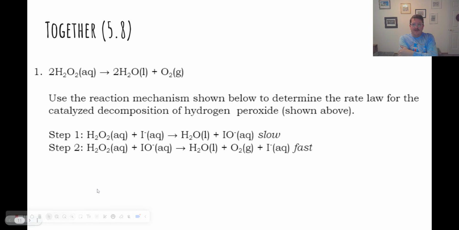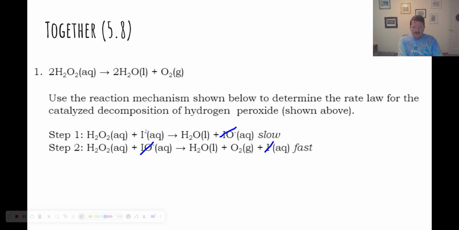So this one, we have another decomposition of hydrogen peroxide here. It says, use the reaction mechanism below to determine the rate law for this reaction. Okay. All right, so we have all that stuff there, right? We could prove that it's the same. Let's do that. Might as well get some practice there. H2O2 plus I minus makes H2O and IO minus. We then use that IO minus, so it cancels out.